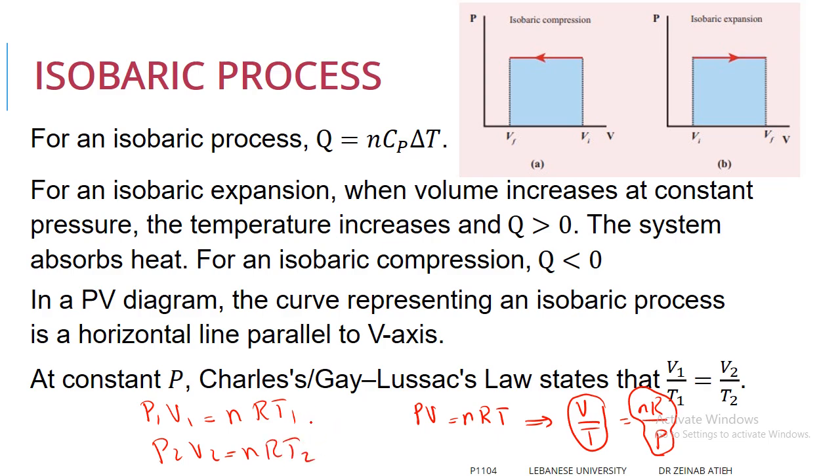Divide the two equations together. P will be cancelled and R will be cancelled. So I will get V1 over V2 equals T1 over T2, which implies V1 over T1 equals V2 over T2. Anyway, they are the same. This is the derivation of this formula.